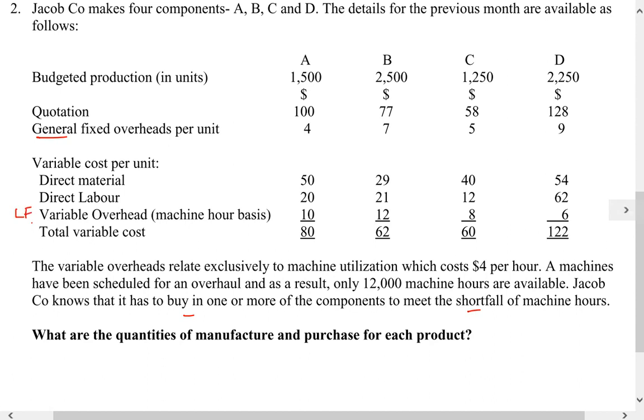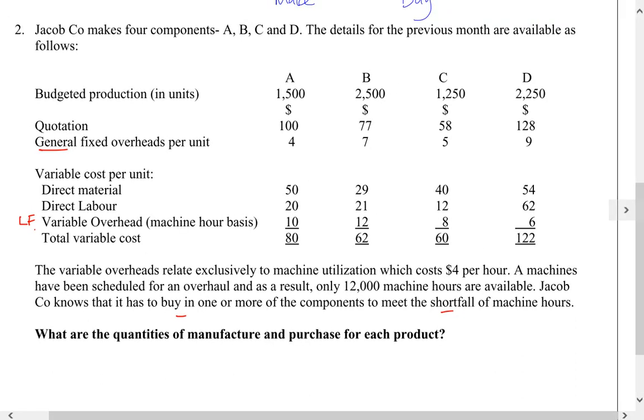Earlier, the limiting factor could be material, it could be labor, it could be overhead. So let's calculate the required machine hours, just to prove that this is indeed the limiting factor.